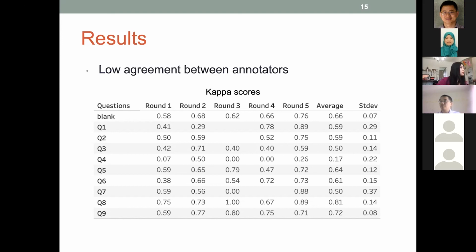Q4, which is data permitted to be used for genetic research, was the least agreeable. This particular question was difficult, partly because it involves donor data, which covers a wide range of information, such as patient medical records, genetic data, study results, or any unspecified data mentioned in the document.